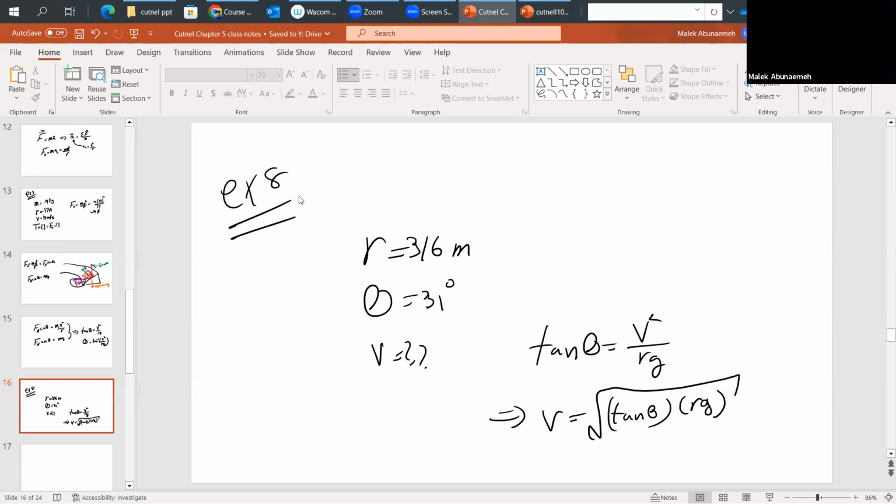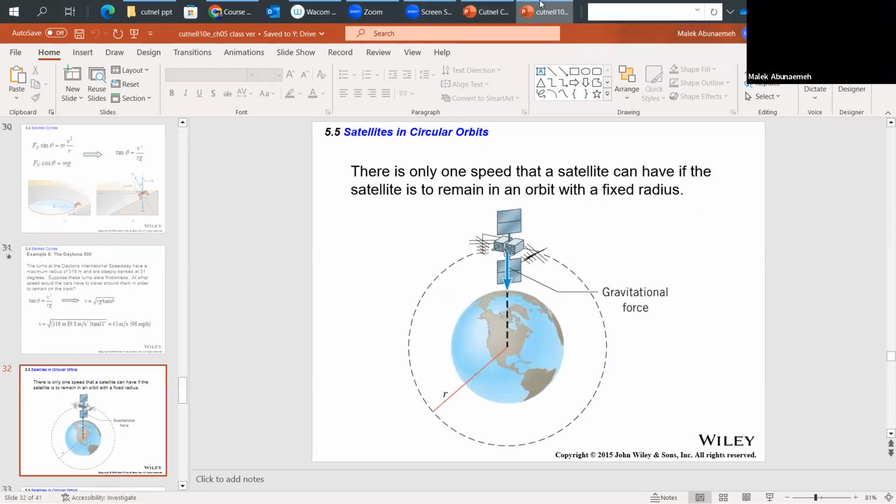That's going to equal the square root of tan 31 times 316 times your 9.8, and you should get 43 meters per second. Let's go ahead and check. 43 meters per second.